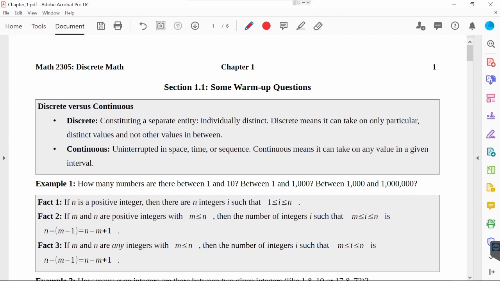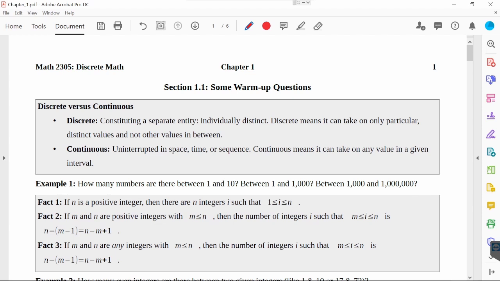Well, discrete is standing for something which is constituting a separate entity or is individually distinct. Discrete means it can take only particular distinct values and not other values in between. This is in contrast to continuous, which means uninterrupted in space, time, or sequence. And so continuous means it can take on any value within a given interval.